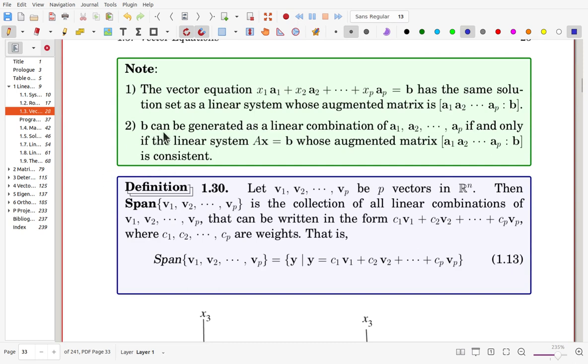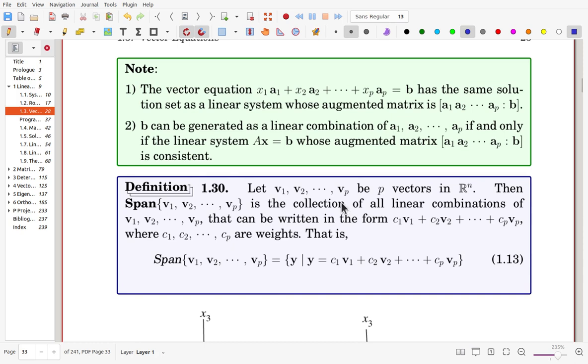B can be generated as a linear combination of a1, a2, ..., ap if and only if the linear system Ax = b, whose augmented matrix is [A b], is consistent. Okay.